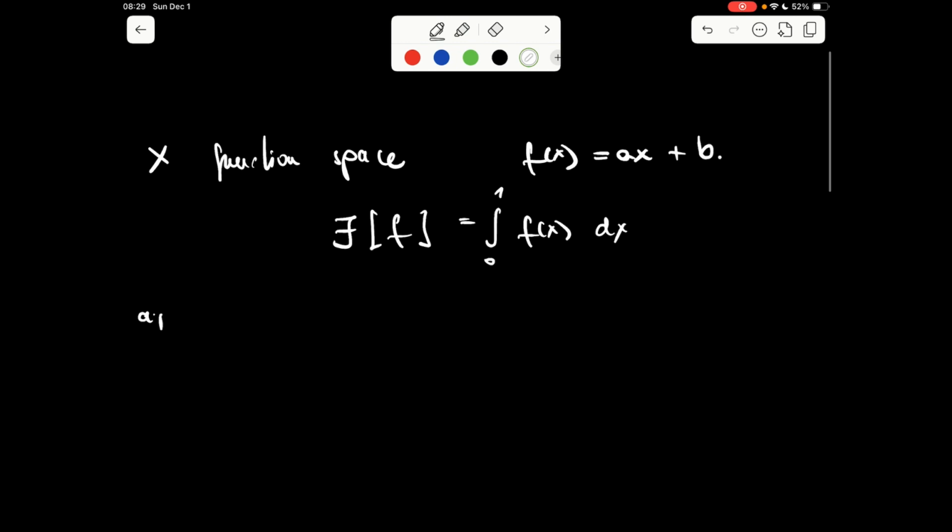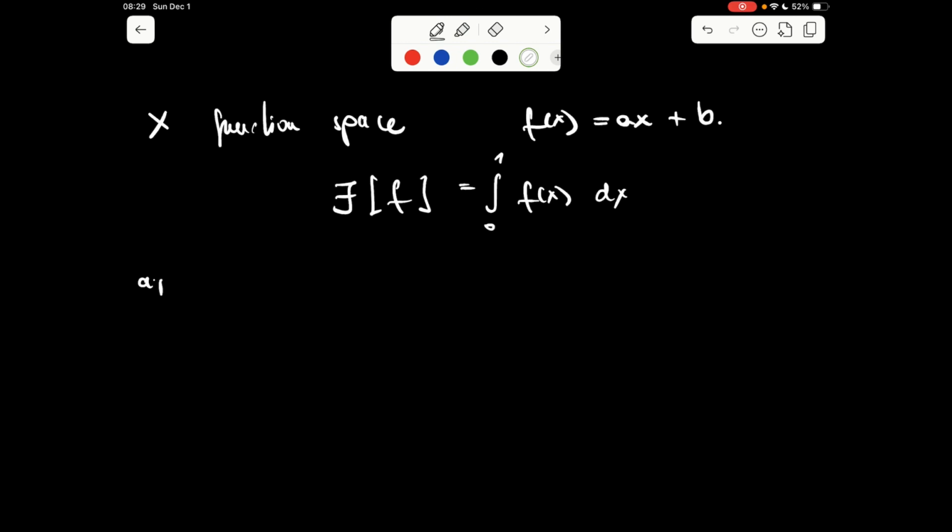Problem A, subproblem A, regards the linearity of the functions in this function space. So we need to check if these functions are linear, and interestingly, they are not. Commonly, we regard these functions as linear because the graph of such functions is a line, but we need to keep in mind that we have a very distinct, very strict definition of linearity in function spaces.